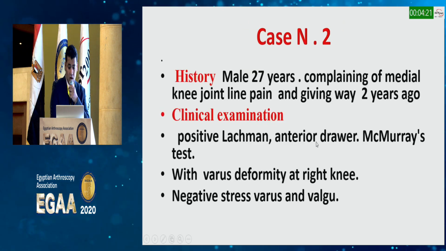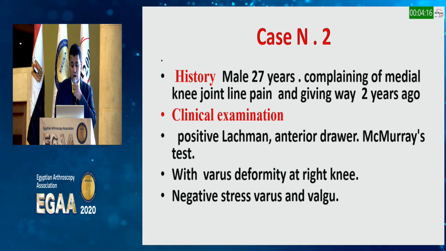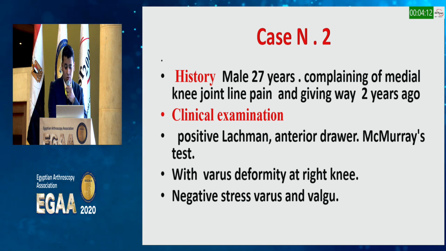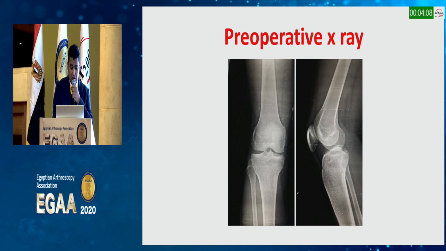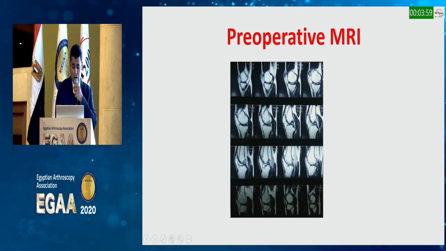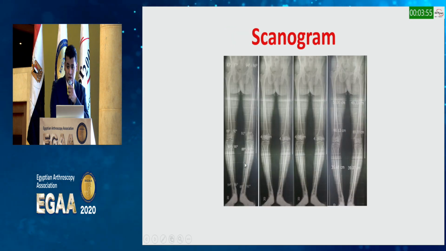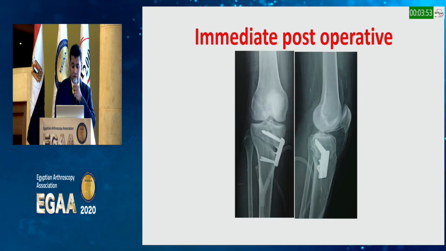This second case, a male patient 27 years old, complaining of medial knee pain and giving way for 2 years, with positive Lachman, anterior drawer and McMurray tests with varus deformity at the right side, and negative stress varus and valgus tests. Also, this is a pre-operative X-ray showing the site of the deformity, tibia vara, and this MRI shows a complete tear of the ACL here, and the scanogram to detect the actual degree of the deformity.